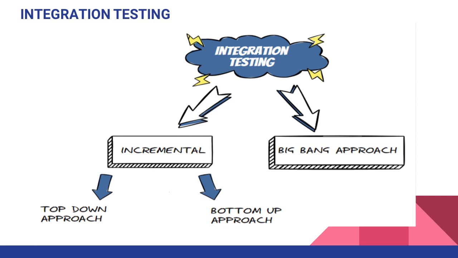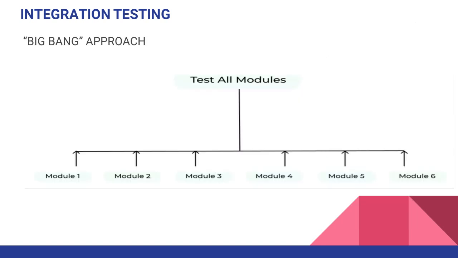All components are combined in advance. The entire program is tested as a whole and chaos usually results. A set of errors is encountered. Correction is difficult because isolation of the cause is complicated by the vast expansion of the entire program. Once these errors are corrected, new ones appear and the process continues in a seemingly endless loop.